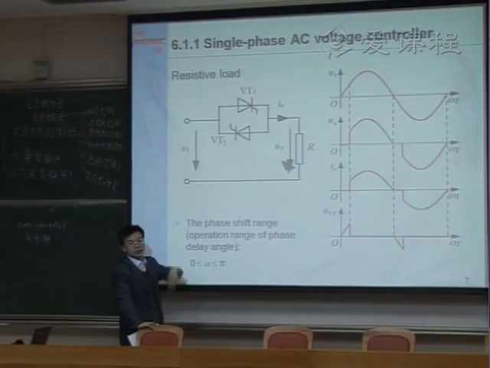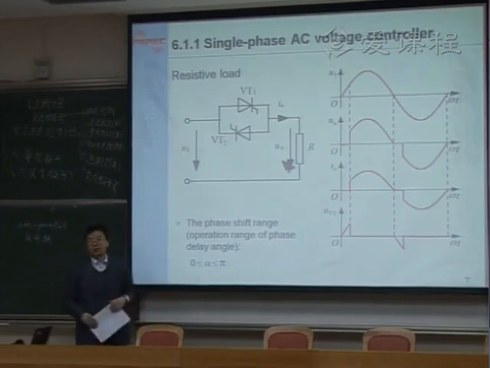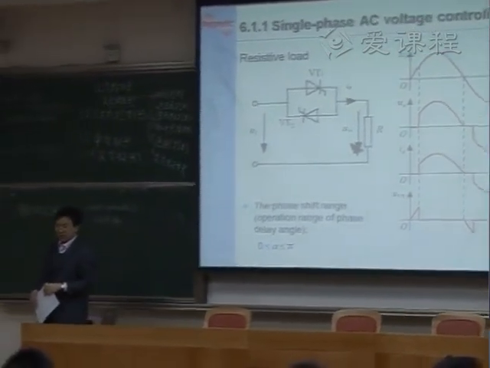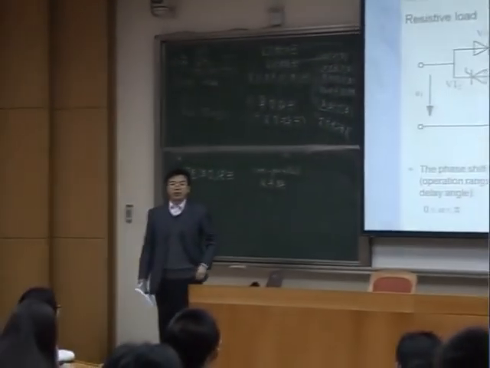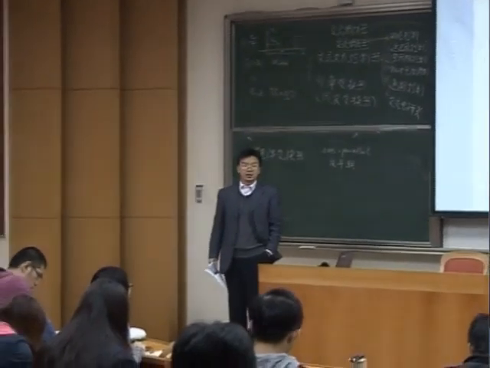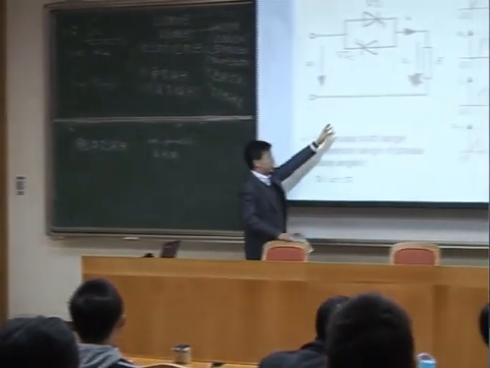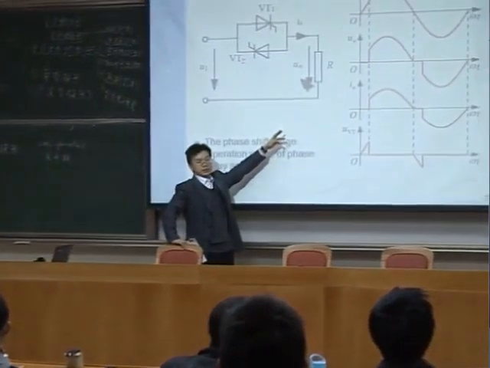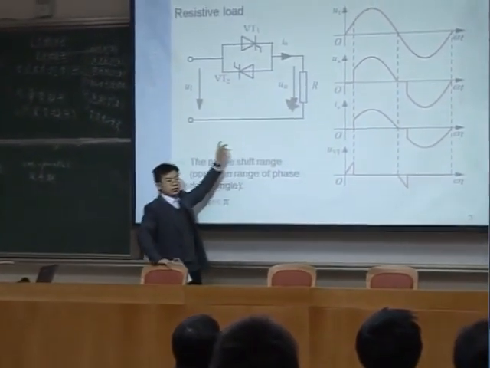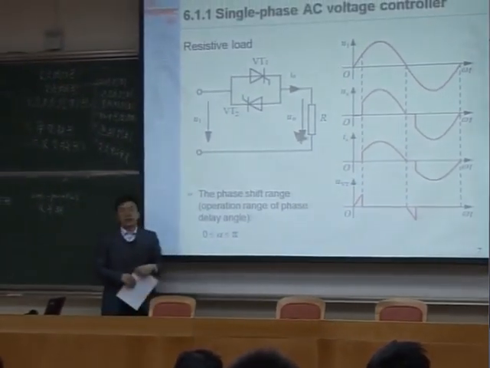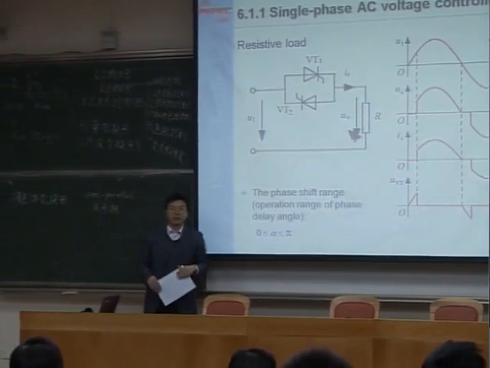This pair of diodes are just a short circuit or an always-on switch. And all the input voltage will be always applied to the load, no matter whether the AC voltage input is positive or negative. This is always on.